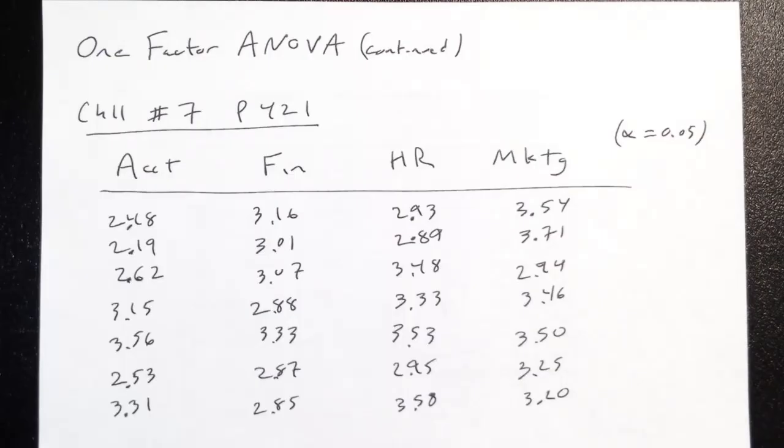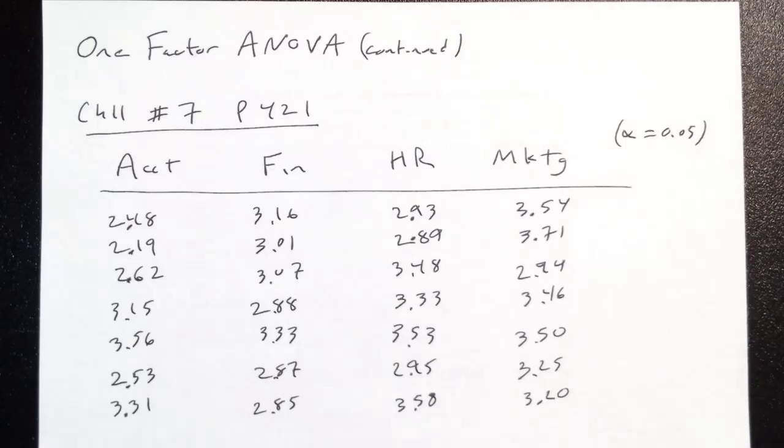Continuing our idea of analysis of variance with one factor. So here I have 7 GPAs for business students within 4 distinct programs in the business program: accounting, finance, human resources, and marketing.